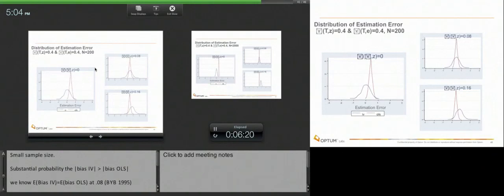Now, if the correlation isn't 8% but 16%, instrumental variables is even more biased than ordinary least squares. We've got a 40% endogeneity problem, completely ignoring it, and we're doing better with ordinary least squares than with instrumental variables because of this variability problem.